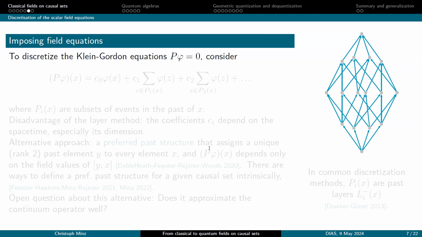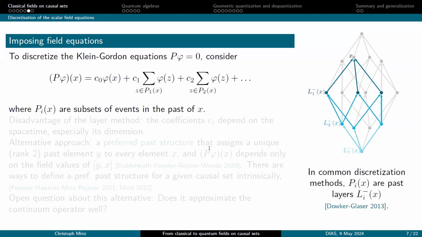and we now want to discretize this notion of the operator. And quite commonly, this is done in Causal set theory by expanding this out at every point x of the Causal set, in a series where you say that you want only this point x to be influenced by its past. So you layer the past in this picture.